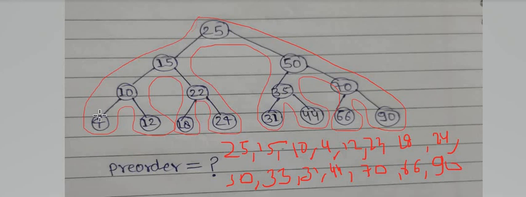So the pre-order is 25, 15, 10, 4, 12, 22, 18, 24, 50, 35, 31, 44, 70, 66, and 90.